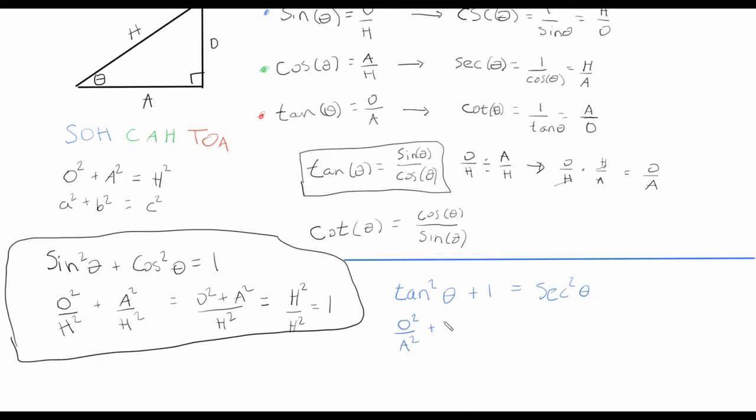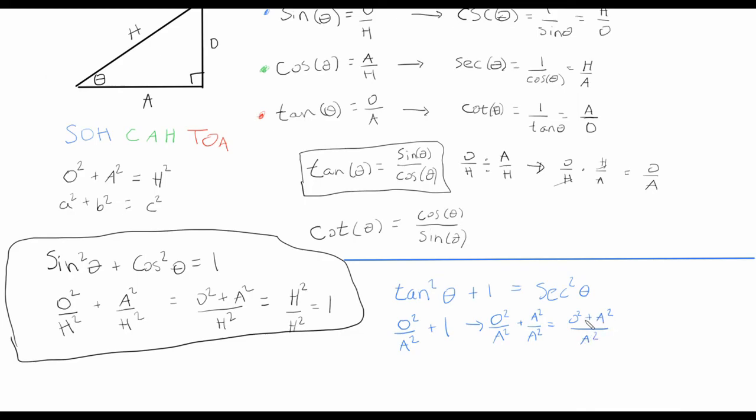Plus 1. All right, now how can we make this useful? What we can do is rewrite the 1 in terms of a squared. So we can rewrite this as o squared over a squared, and we change the 1 to a squared over a squared. Now we have a common denominator. So we end up with o squared plus a squared on top and a squared on the bottom.